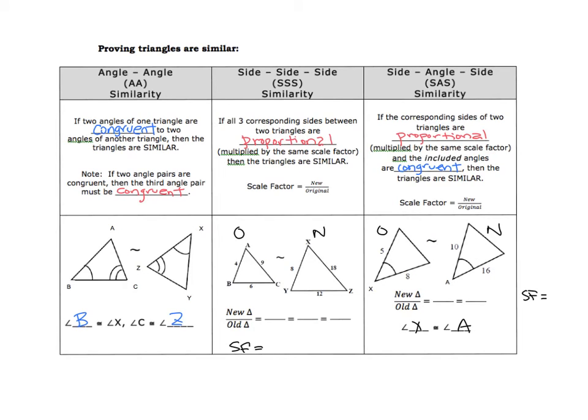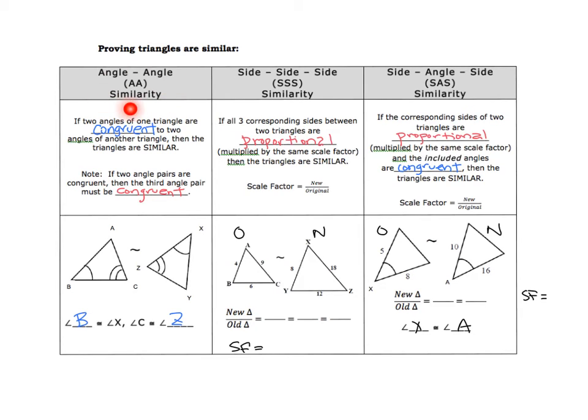All right, so we have 3 different ways of proving triangles to be similar. Some of these may be familiar already to you guys, okay? Angle-angle similarity is one. We have side-side-side similarity and side-angle-side similarity.